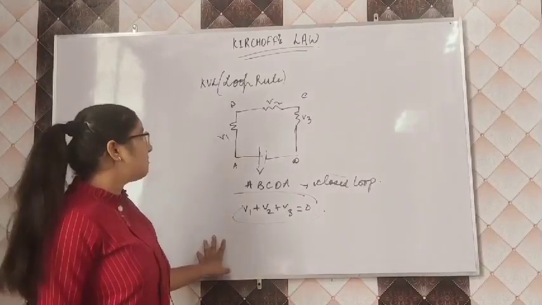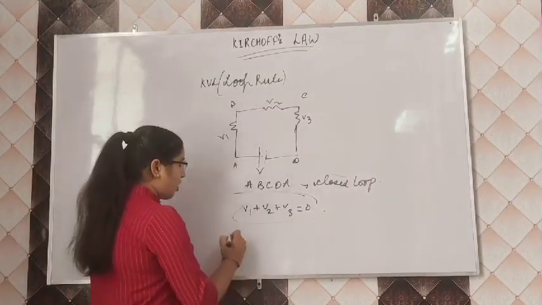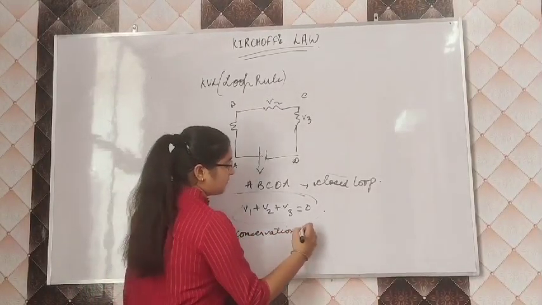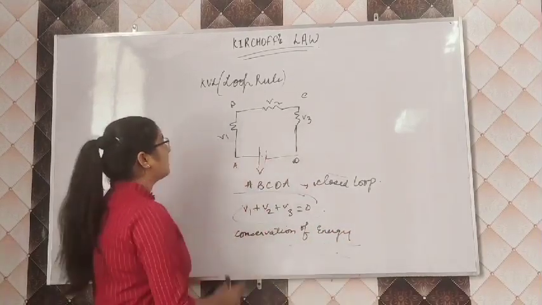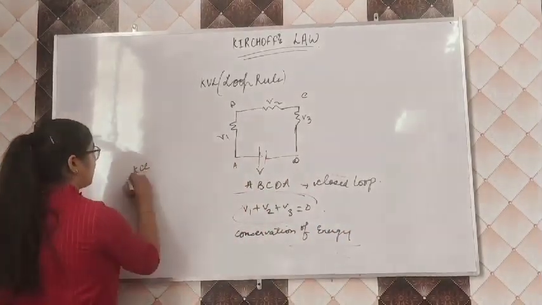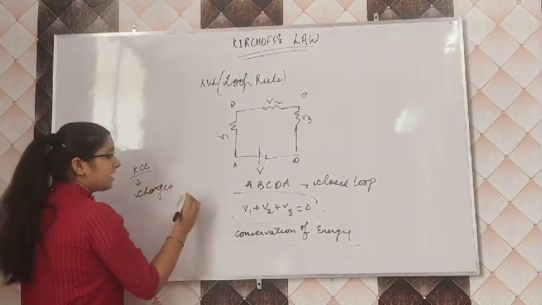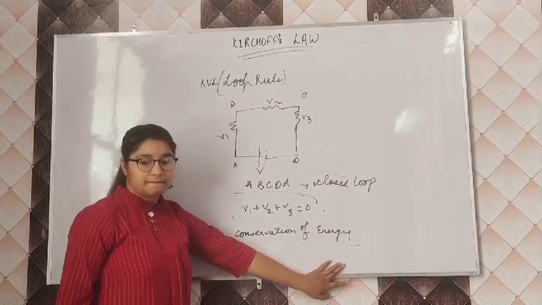This is the actual meaning of KVL. This is based on the principle of conservation of energy. As you have studied, the KCL is based on the principle of conservation of charges and KVL is based on the principle of conservation of energy.